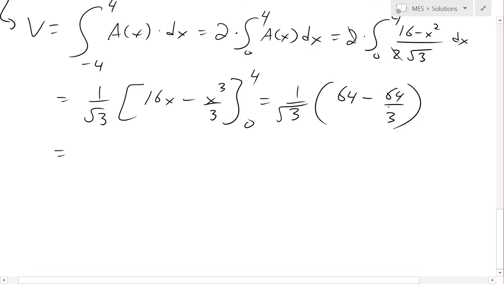So now you could just put it in a calculator or just try to solve in your head. I'll just factor out the 64. So 64 over square root 3, 1 minus 1 over 3. So now this is just 2/3.